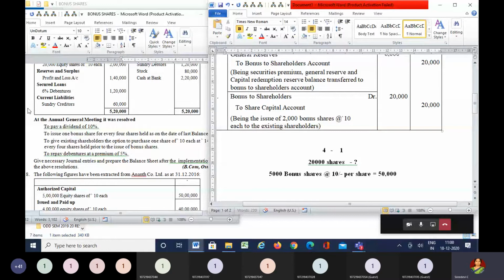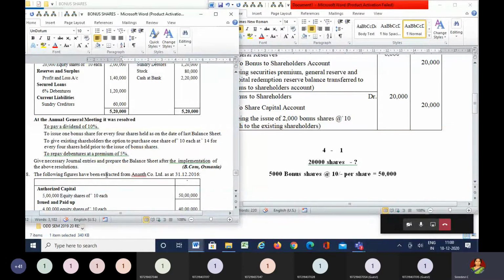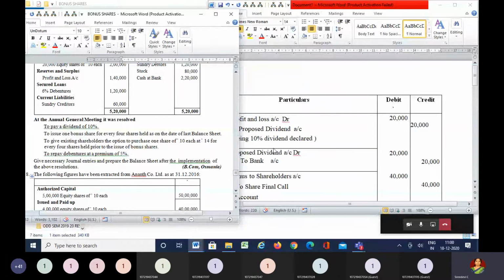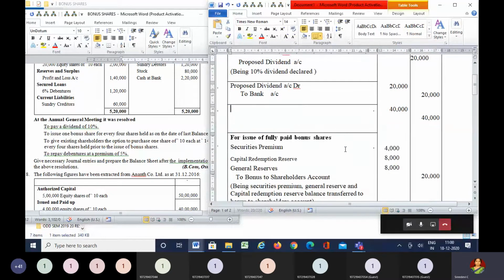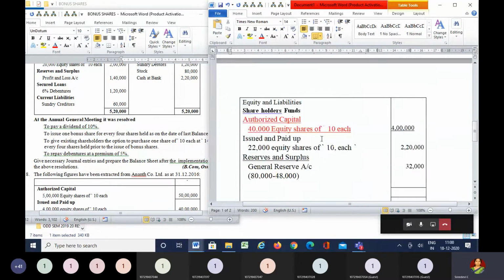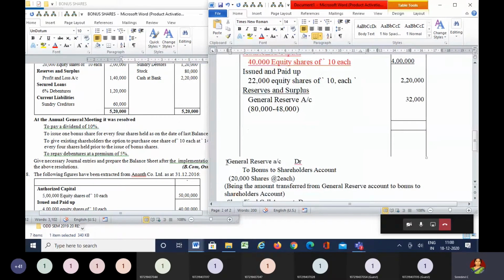As you see in the balance sheet here, only the P&L account is available, so the P&L account will be utilized to issue the bonus shares to the shareholders. Therefore the second entry is going to be, it's not towards the final call, but towards general reserve account debit.